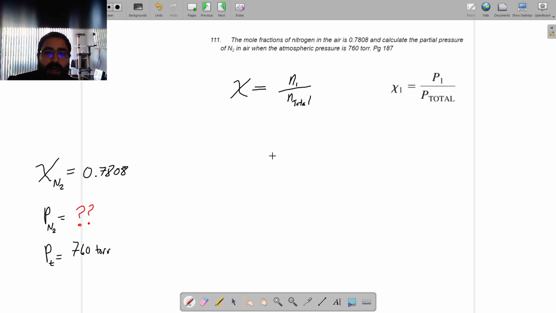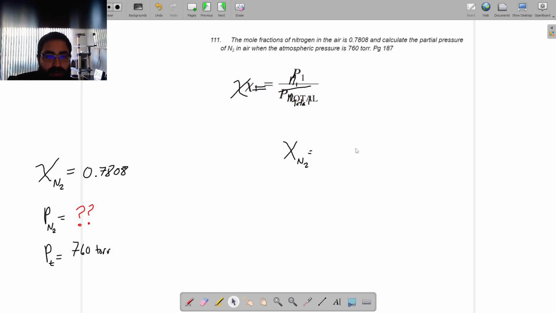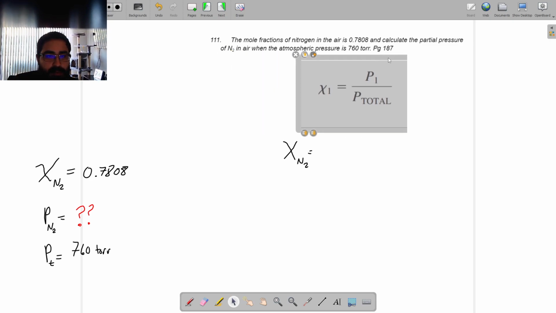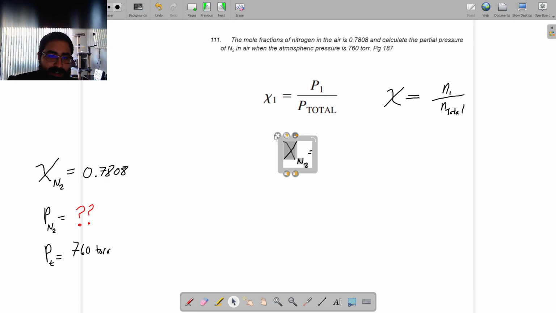All right, and we're not using moles. Let's use our pressure expression over here. So right here, this is N2. We know the value, so let's just put in our values.